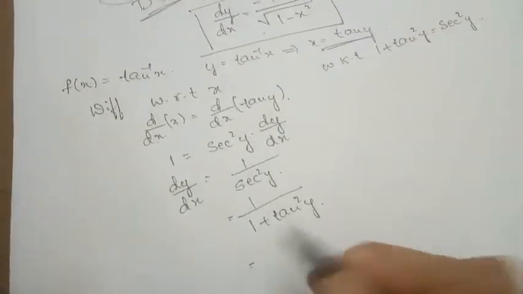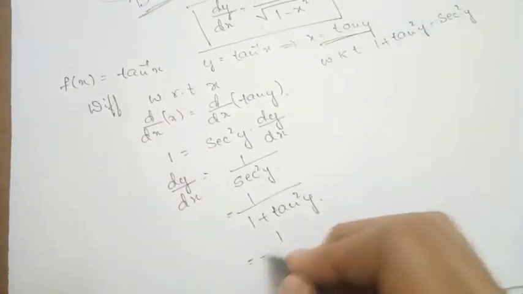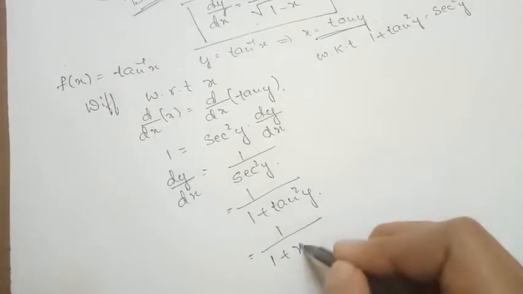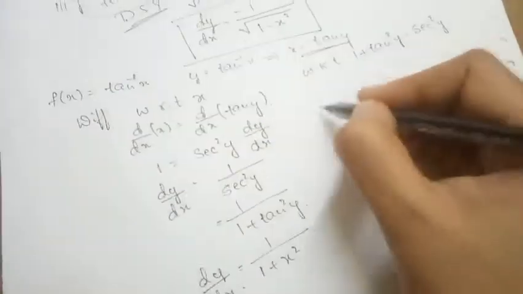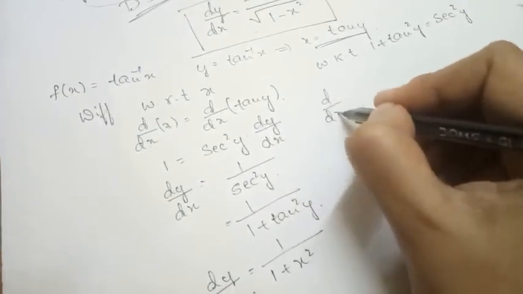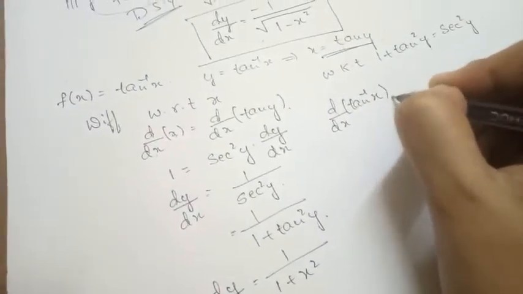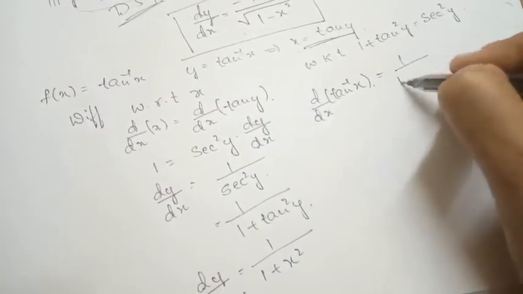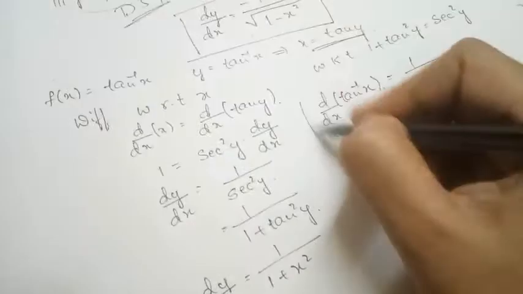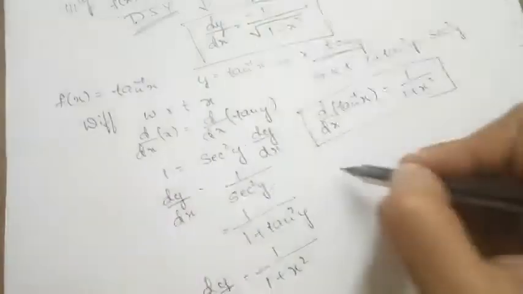Since I have taken tan y as x, it becomes 1 divided by 1 plus x square. So clearly the derivative d by dx of tan inverse of x is 1 divided by 1 plus x square. This is how we find the derivative of tan inverse of x.